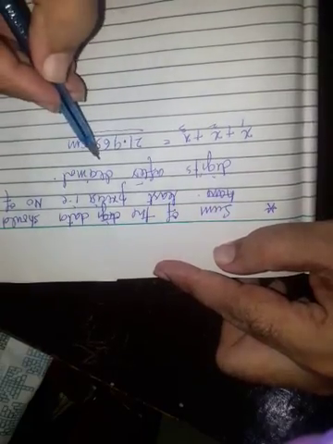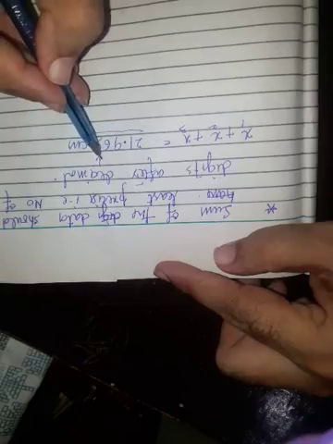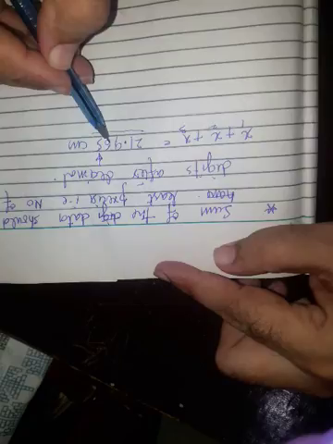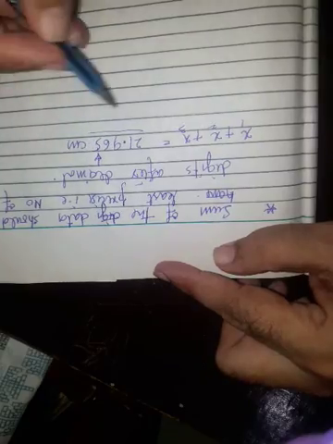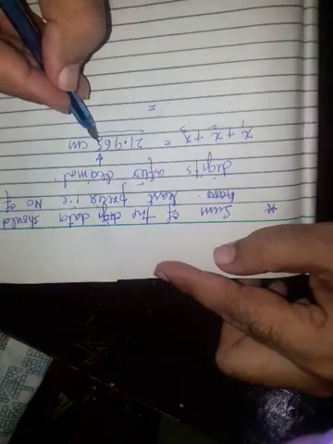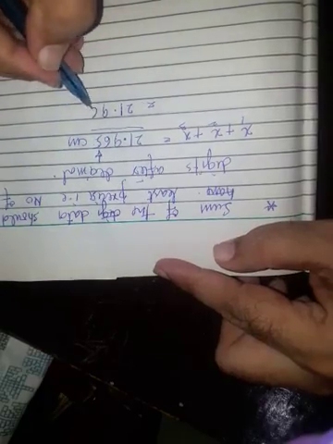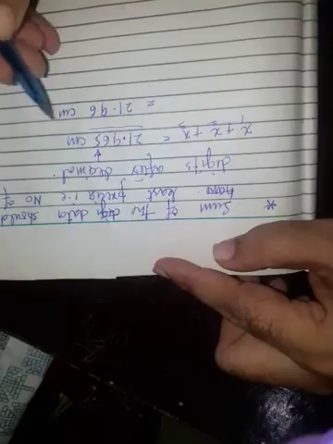We will start from 5. Before 5 it's an even number. Applying the rounding rules, the 5 will simply be ignored. It will become 21.96 centimeter.